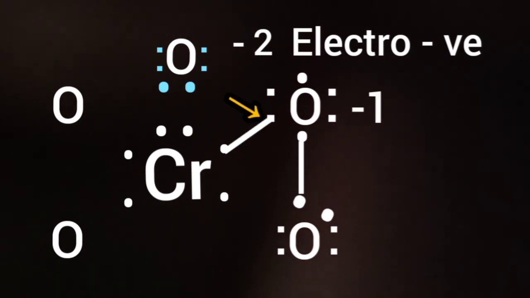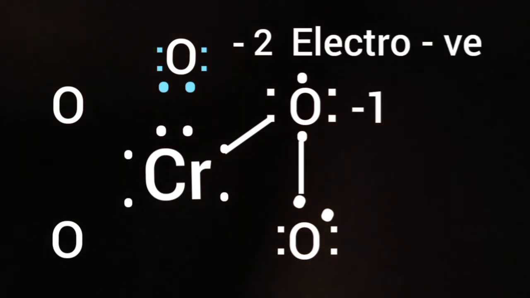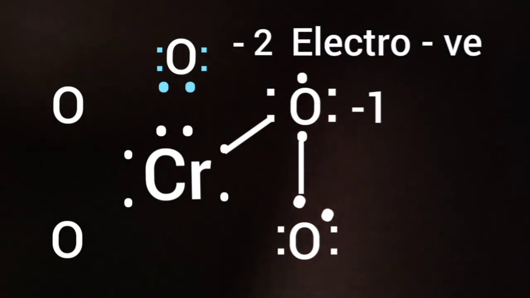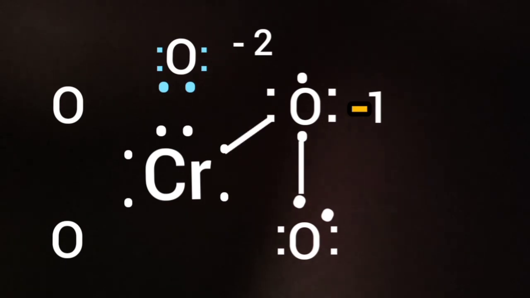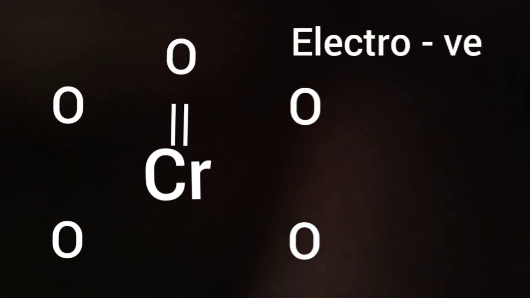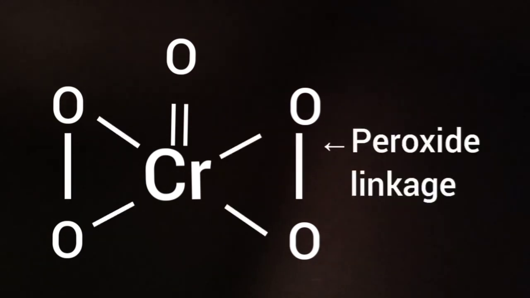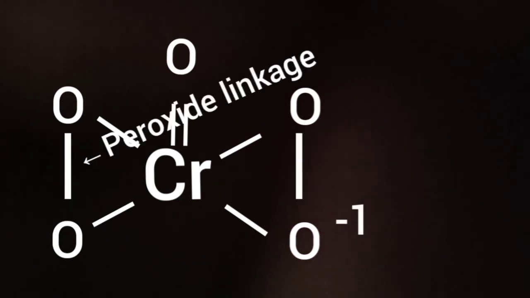Now you see another electron is forming a single bond with chromium. Between chromium and oxygen, oxygen is electronegative, so take the minus sign from electronegative, and the number of electrons contributed is 1. So -1 means the oxidation number of this oxygen is -1, or you can say the oxidation number of the oxygen atom in the peroxide linkage is -1. So there are 4 oxygen atoms. So the oxidation number of the oxygen in peroxide linkage is -1.